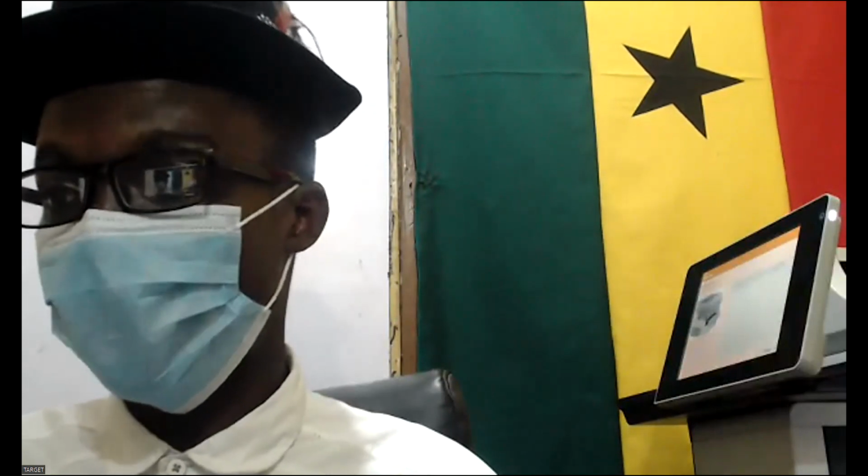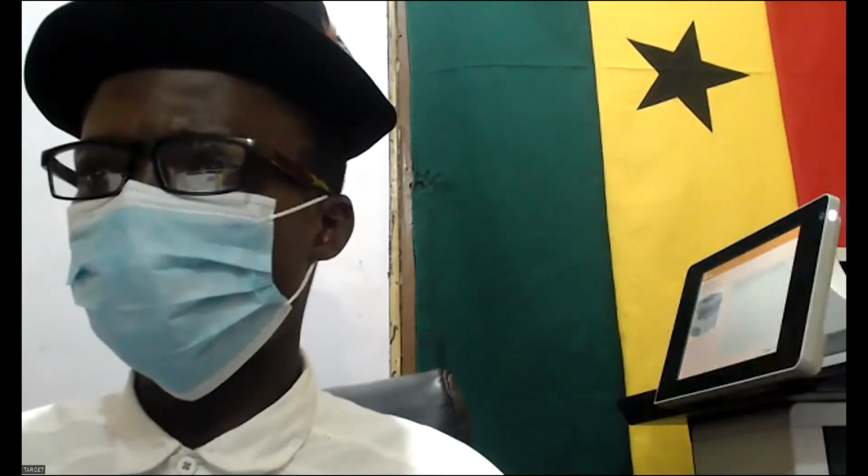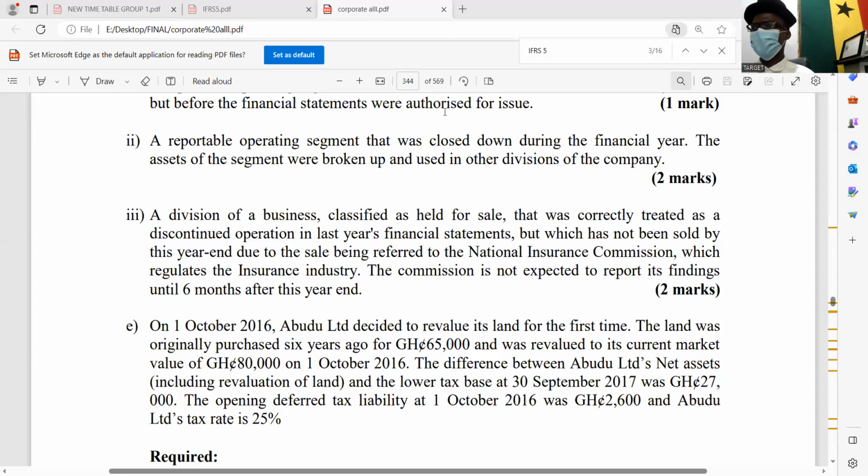The last question we solved, you see, after the year end, they've not sold the assets. Even after 1 year, the assets have not been sold. So ideally, we need to reclassify the assets back to usage.